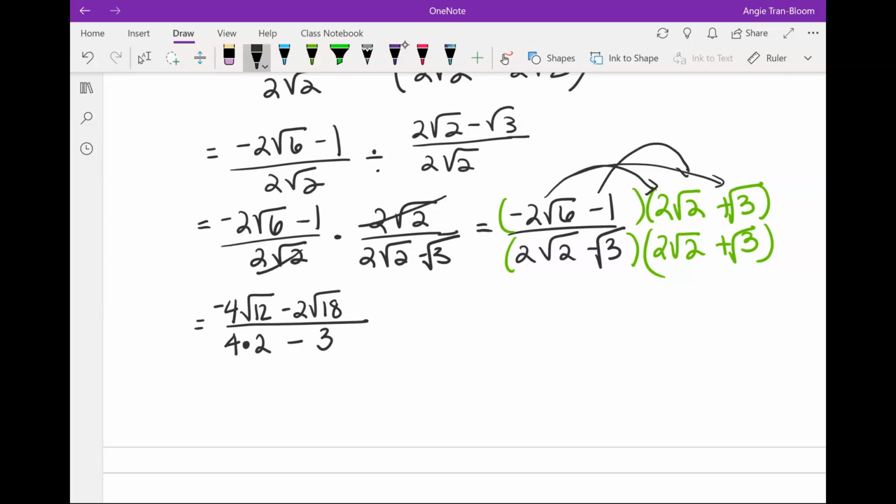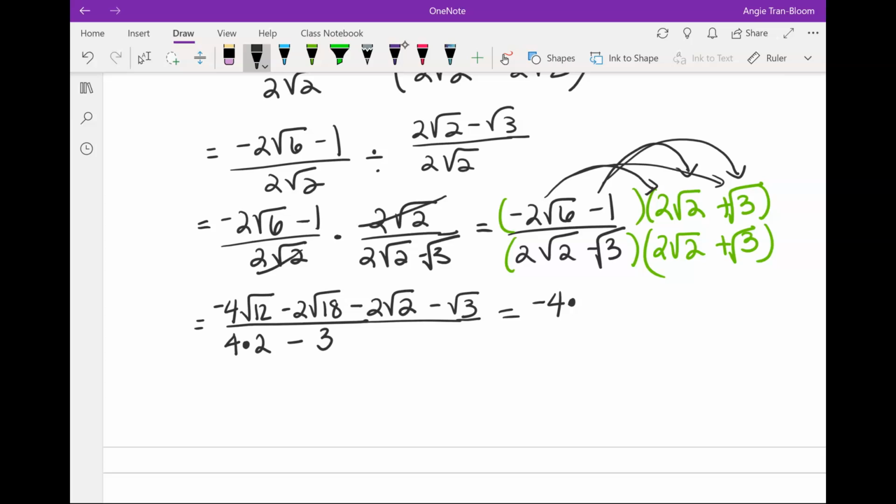Negative 1 times 2 rad 2. It's just simply minus 2 rad 2. Negative 1 times a positive rad 3 is a negative rad 3. See, slowly and carefully. On the numerator, would you agree that rad 12 can be simplified? Okay. I will keep the negative 4 in the front.